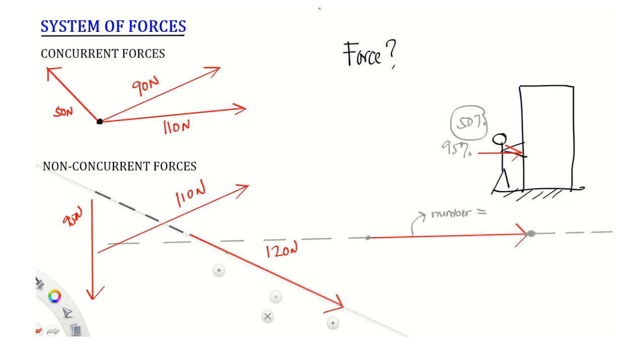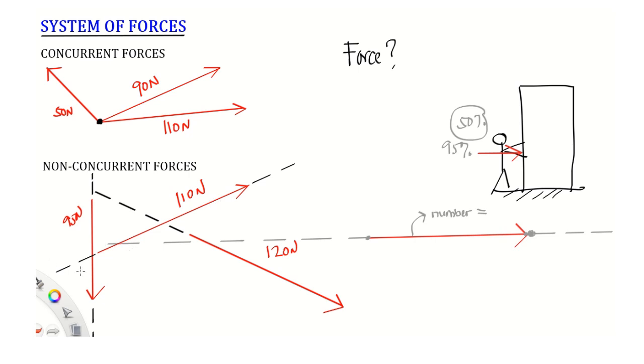If we draw the line of action of the second force, this 110, its line of action is like this one. The line of action is the extension of the magnitude of the force, or the line of force. And we could also draw the line of action of the third force, the 90 Newton force. So you could see this is the line of action of the third force.